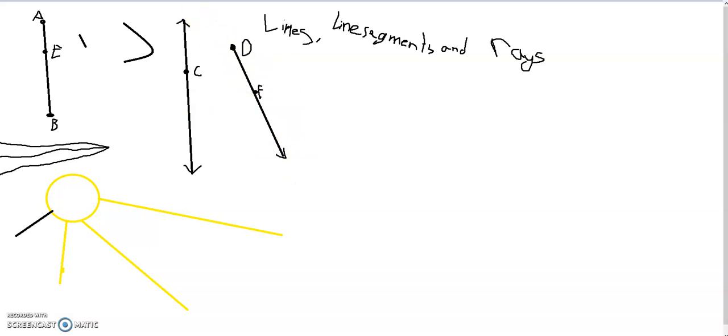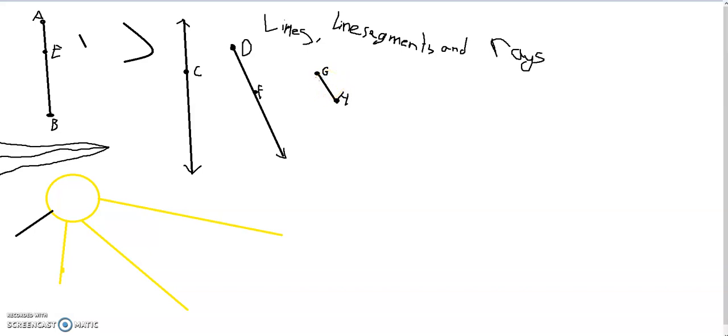So let's start. So, is this a line segment, a line, or a ray?